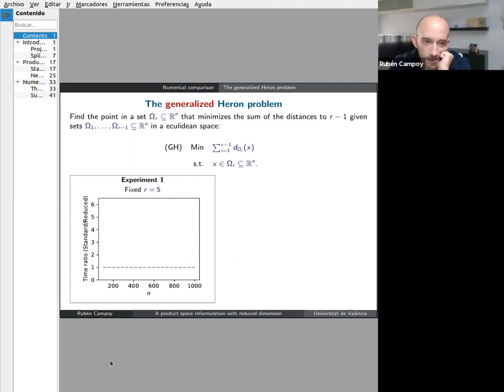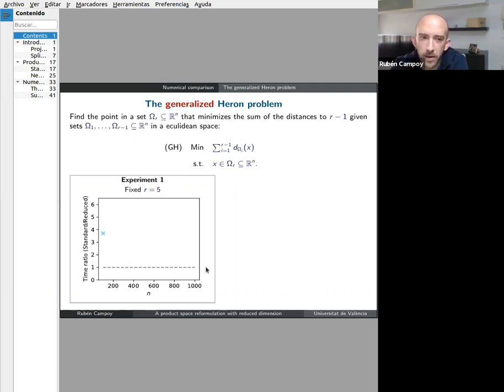And I'm gonna plot the time ratio between the standard DR over the reduced DR. So for example, this is the first instance. If I got a ratio of almost 4, that means that reduced DR was almost 4 times faster than the standard version.